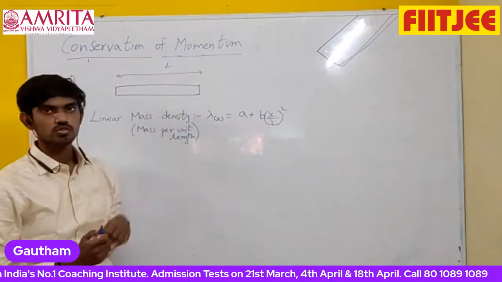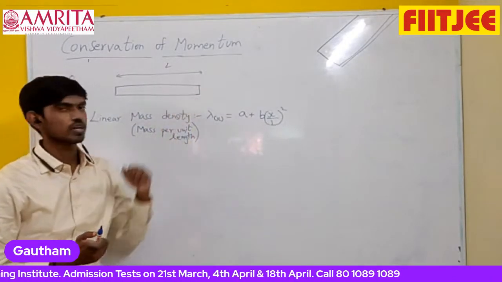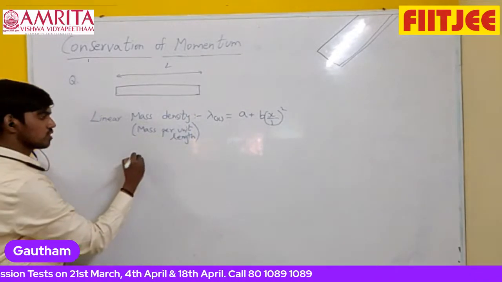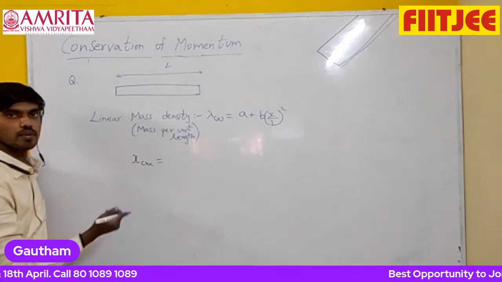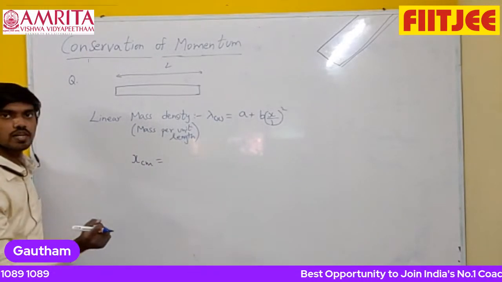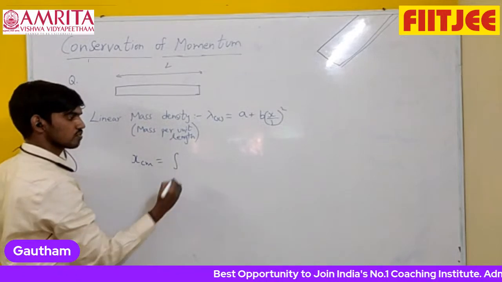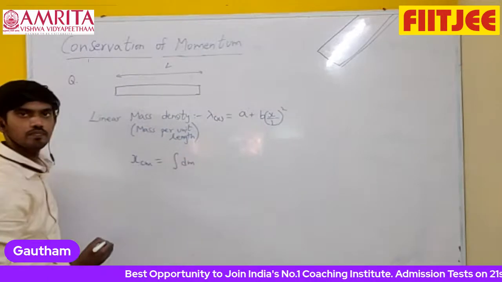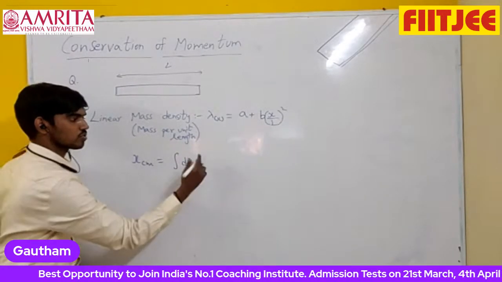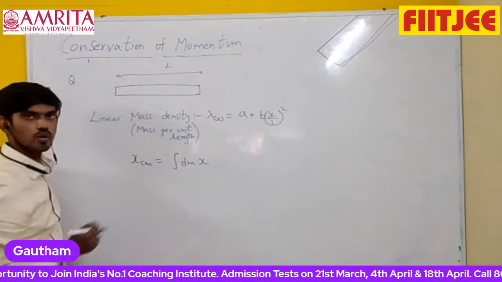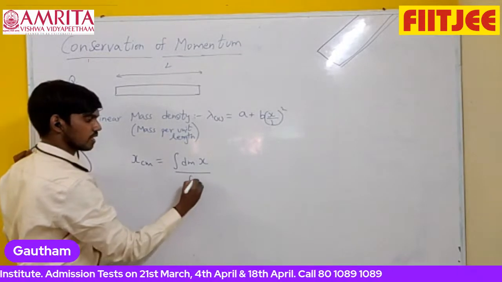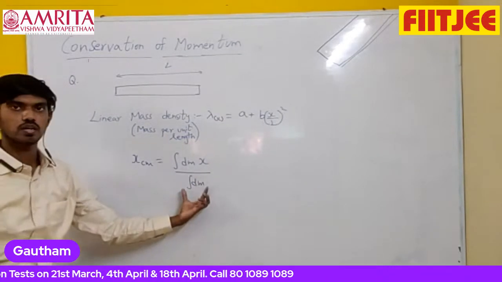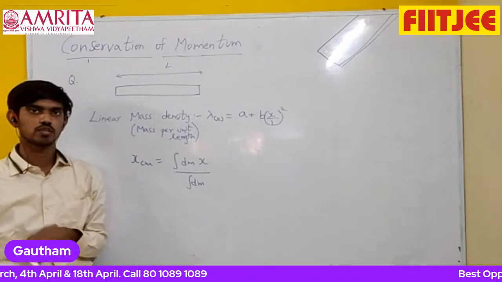So in this case you have to use integration to find the location of the center of mass. So xcm uses the same formula, but instead of adding, you integrate. Integration is also repeated addition. It is the integral of a small mass dm into its x coordinate, divided by the integral of dm, the total mass, adding all the small masses.